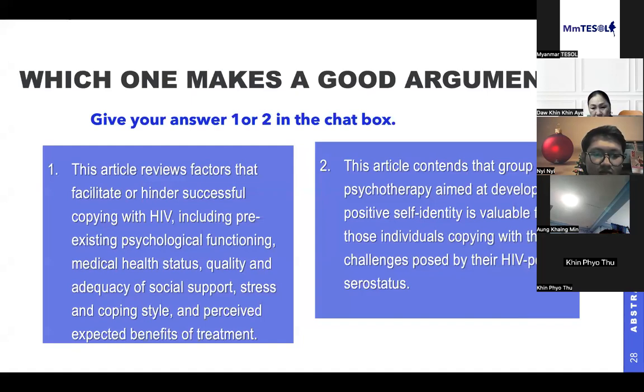For number two, there is an argument, but when we look at this abstract, for us outsiders, it is not that readily comprehensible. Okay, maybe that is the reason why people choose number one, or maybe because it's longer, that's why you choose one. Which one do you think is a good argument?